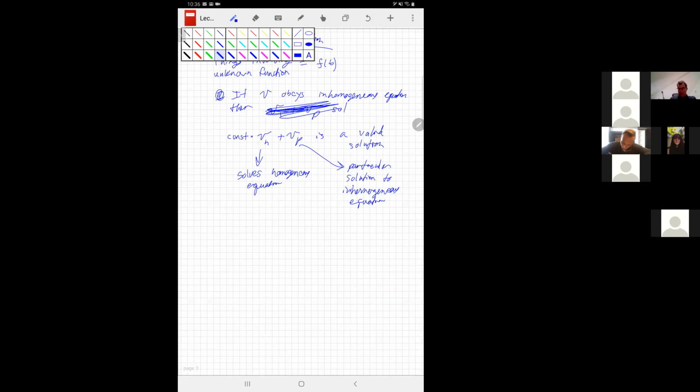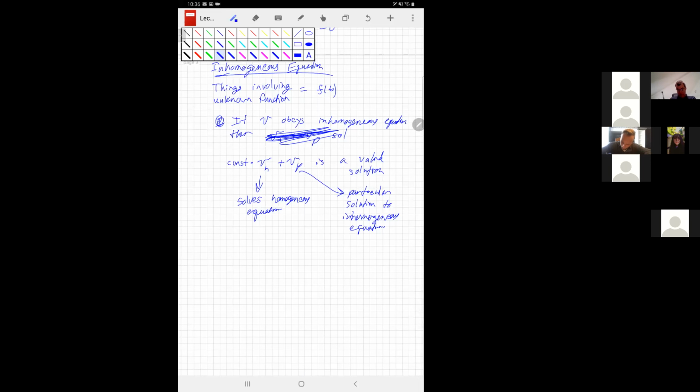So any constant times a solution to the homogeneous equation is still a solution to the homogeneous equation, because I could write this as H of V equals 0.